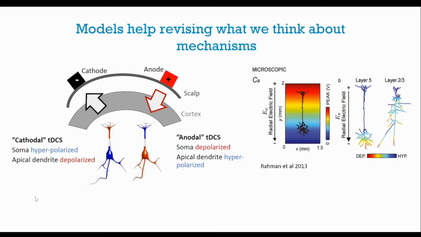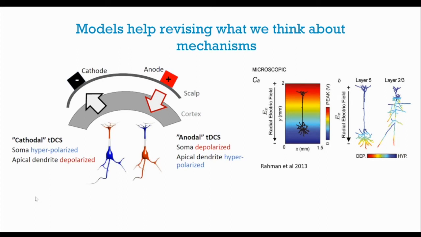And what this clearly shows is that for tDCS, this idea that there's therefore pure depolarization or hyperpolarization is not really true, even at the level of an individual neuron, because current has to go in and out, so either the soma is depolarized and the apical dendrites are hyperpolarized, or vice versa.